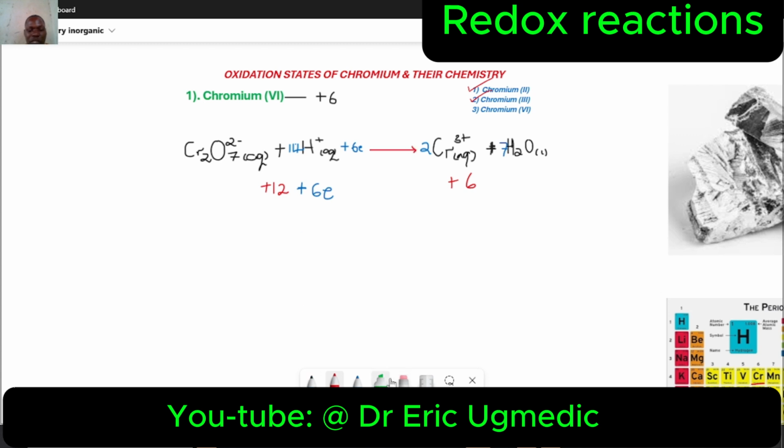So for all oxidation reactions which you can practice, you'll find that this will be the half reaction for the dichromate involving dichromate ions. You can have it reacting with maybe iron 2 ions.